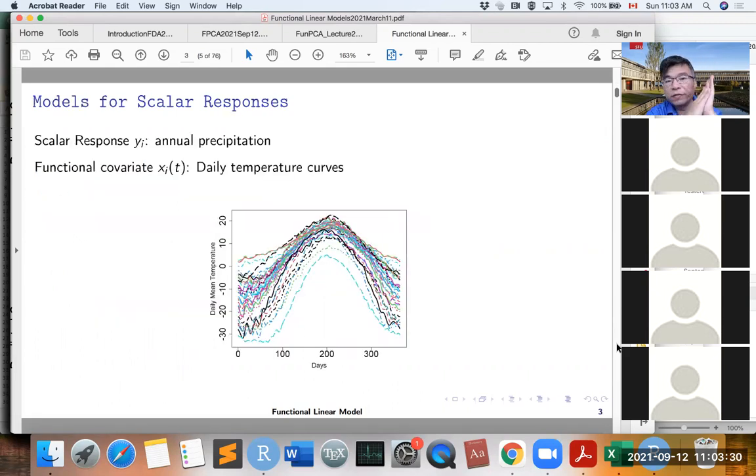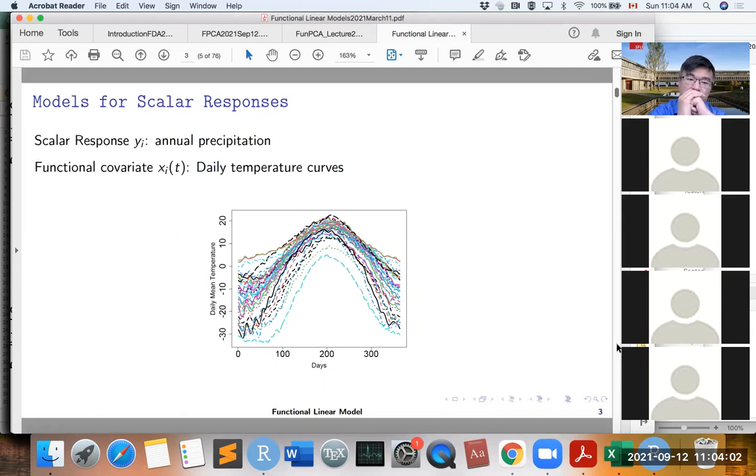So first, let's look at the first scenario, where we have a scalar response. Here is one example. I have weather data for 35 cities: the daily average temperature for the 35 cities, and also the annual precipitation for the 35 cities.